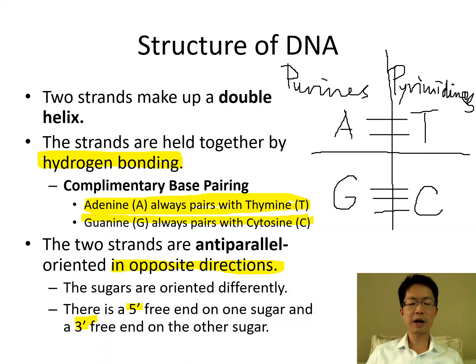Because of that, one strand of DNA is in the 3' to 5' direction, and the other strand is in the 5' to 3' direction. So they are in opposite directions. That's why we call it anti-parallel.